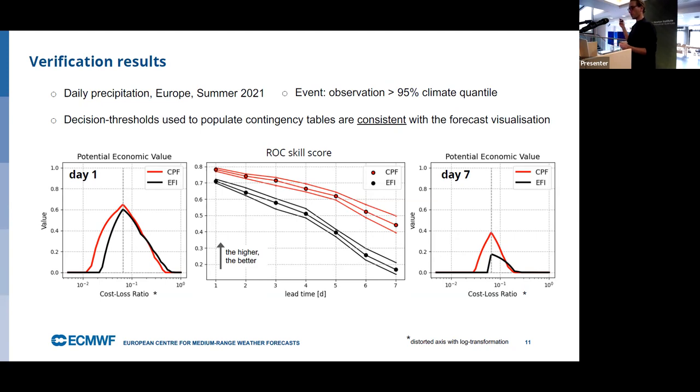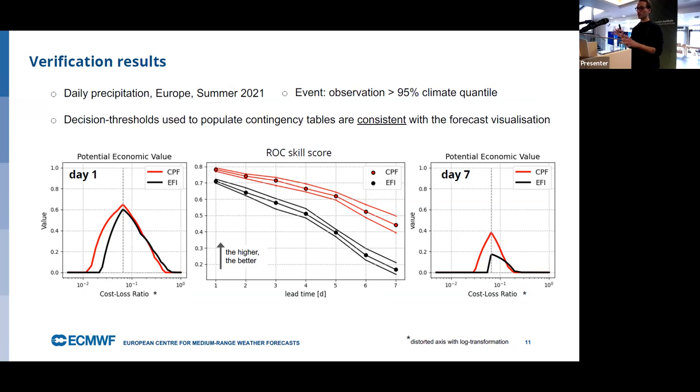In the middle panel, we see the skill score for these two types of products as a function of the forecasting time. And we see that looking at the crossing point forecast for longer time ranges, when the predictability of the event is low, helps the user discriminate between event and non-event.